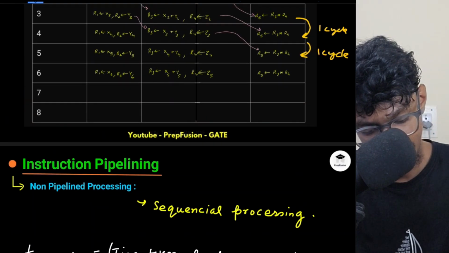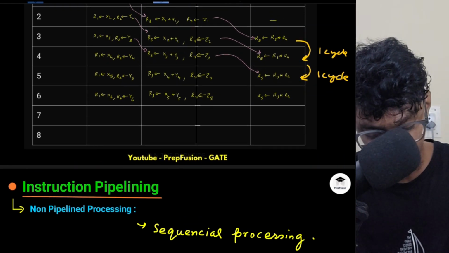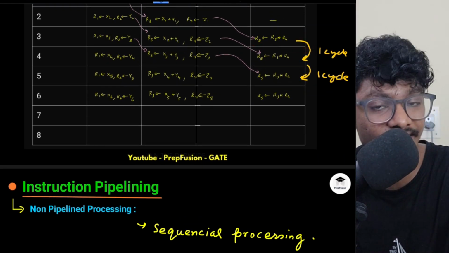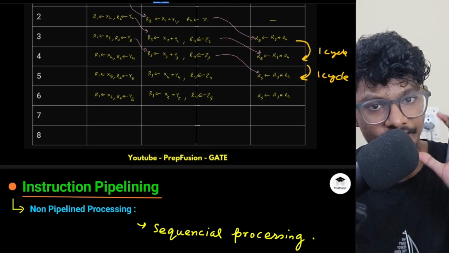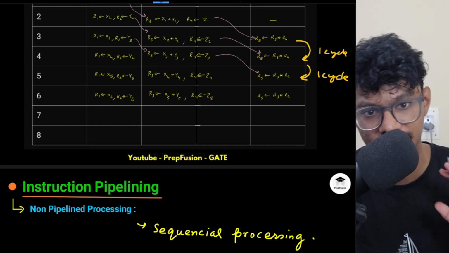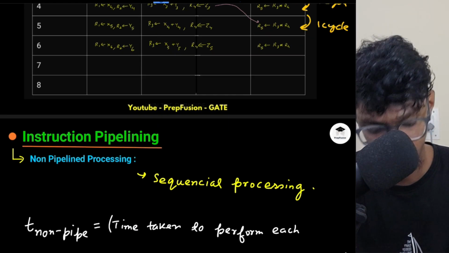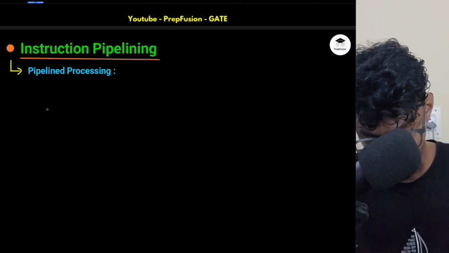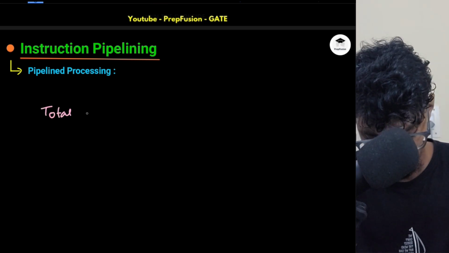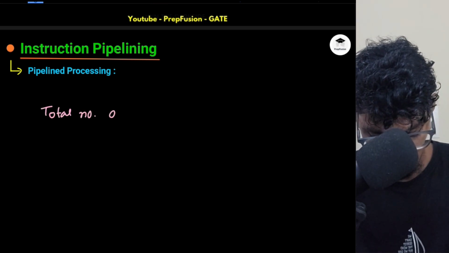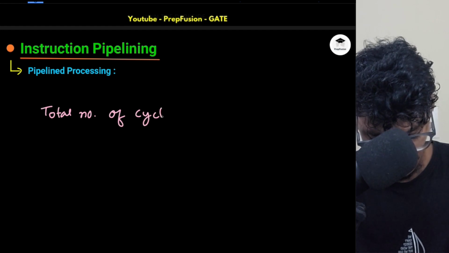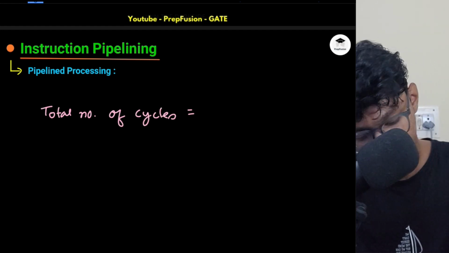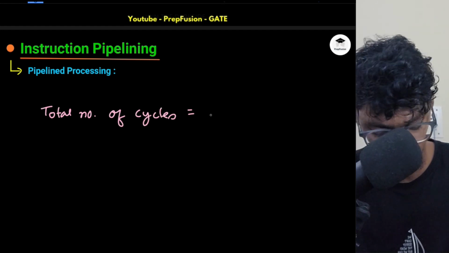As soon as I get my first instruction, how many instructions are left? 5 instructions are left. Total there are 6 elements, only 5 are left. So how many total cycles will it take me? Total number of cycles for pipeline processing will be equal to the number of stages.